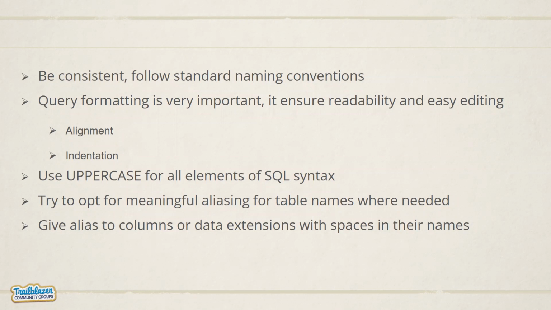If it is already following the name, you don't need to give an alias, but you need to give an alias if the data extension is following a different name. Let's say your data extension has subscriber key, but in your select query it is subscriber ID or subscriber underscore key, you may need to alias it as subscriber key. That is where aliases come into the picture.